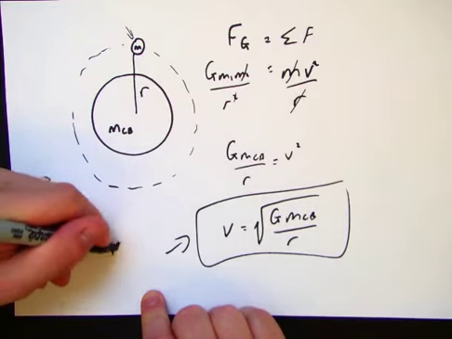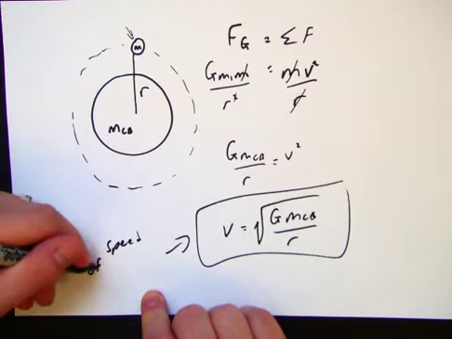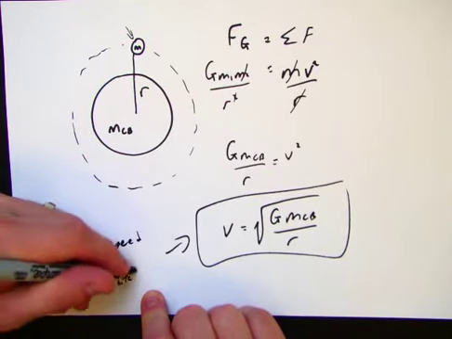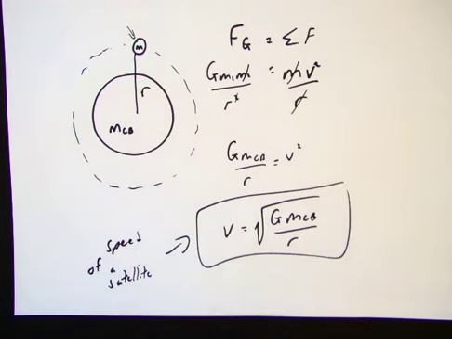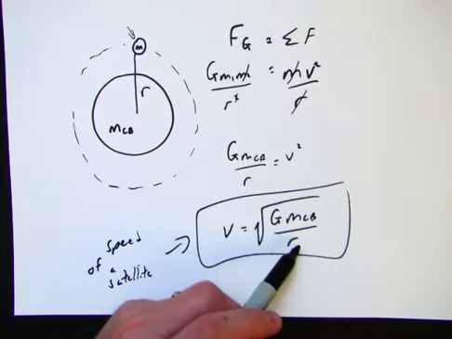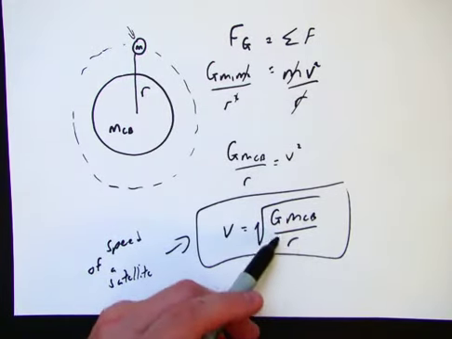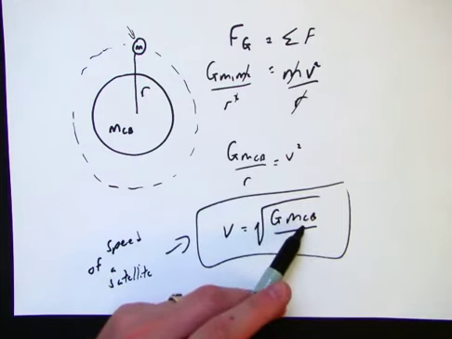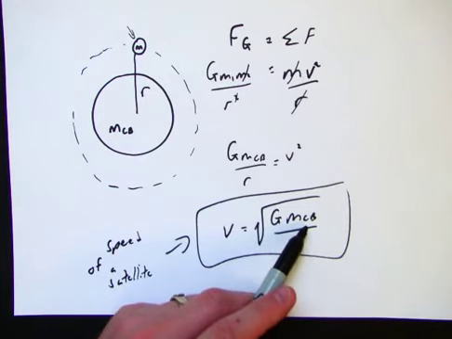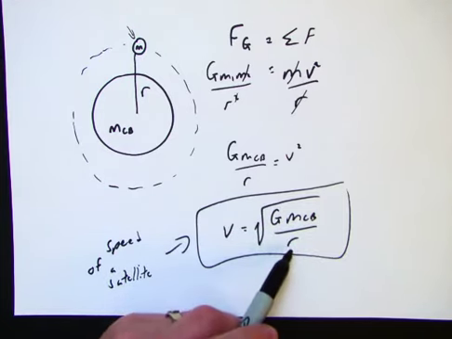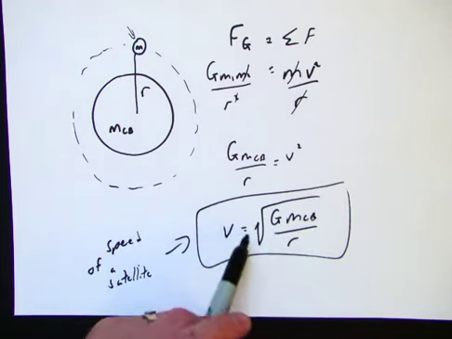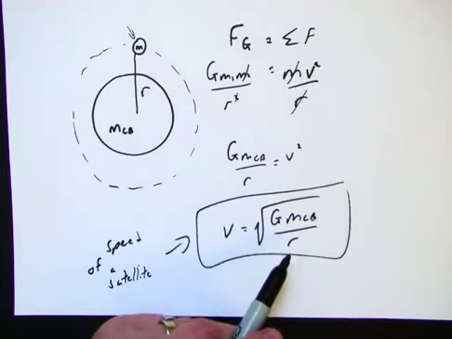This is the speed of a satellite. Okay, so it's the speed of a satellite going around a planet or a star, what have you. Again, it's only dependent on the mass of what it's going around and the distance it's away. Okay, and this will be the orbital speed of that.